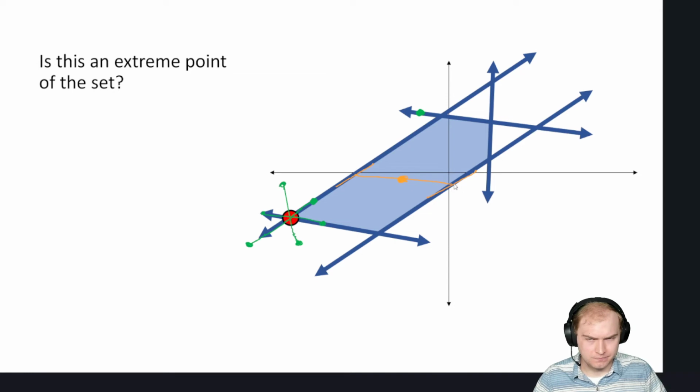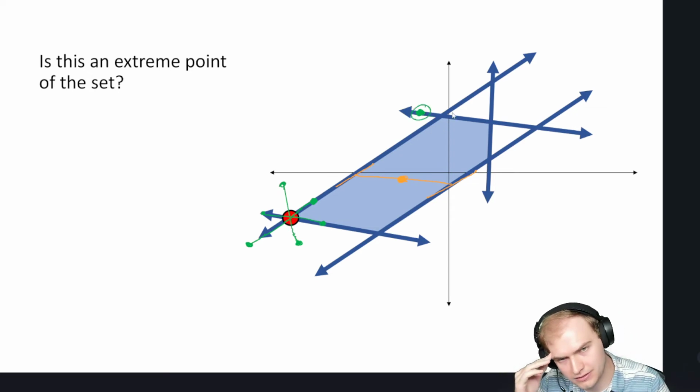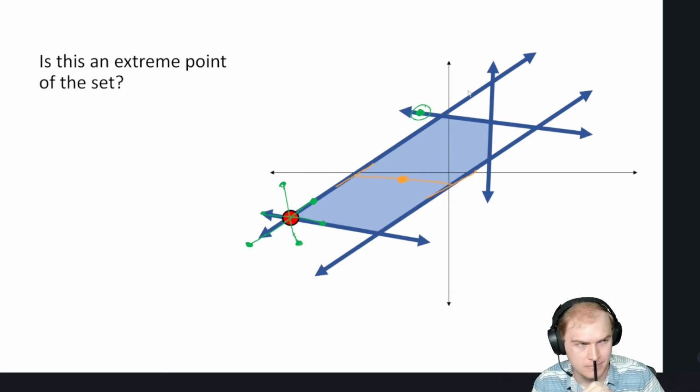Right. Okay, gotcha. And if we think about this point as well, this is not actually in the set, because it is sort of beyond one of our other constraints.